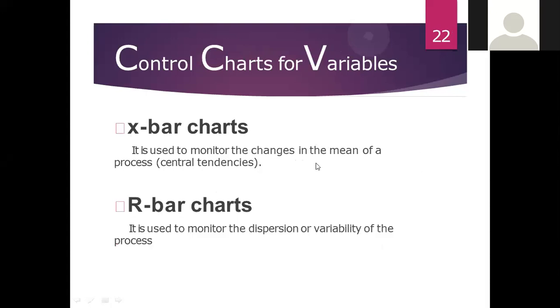Now we are going to study the first category, control charts for variables, anything that you can measure. Today we will discuss these two types of control charts for variables. The first one is the X bar chart and the second one is the R bar chart. X bar is the average, so it is the average chart.